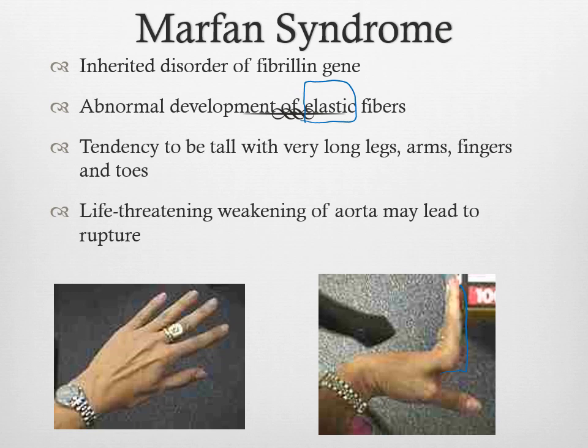We shouldn't be able to move our metacarpophalangeal joints back to 90 degrees. The big concern, though, with Marfan syndrome is the aorta, because there is elastic tissue inside the aorta, so there is the potential that the aorta will eventually rupture.